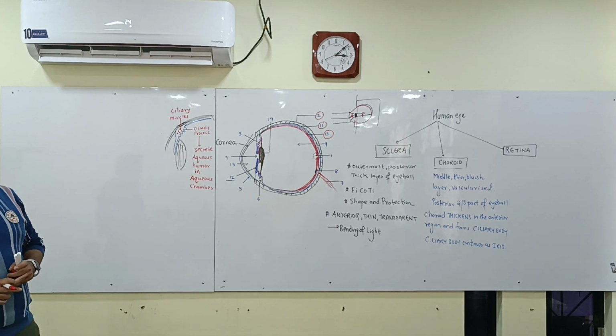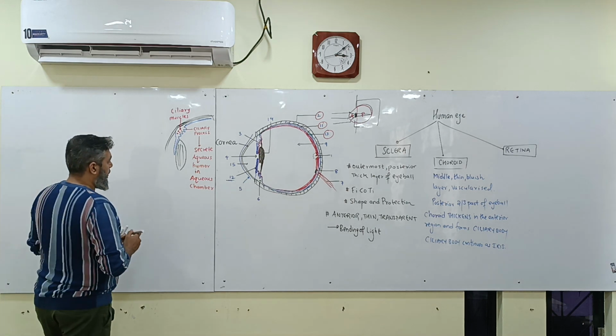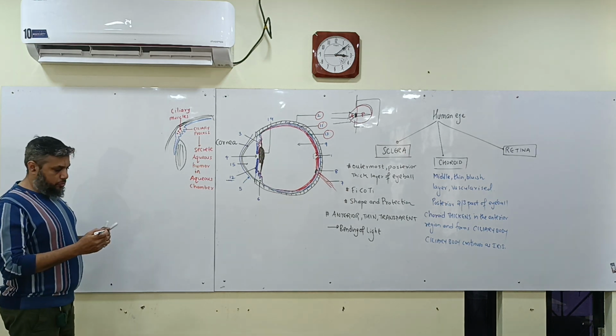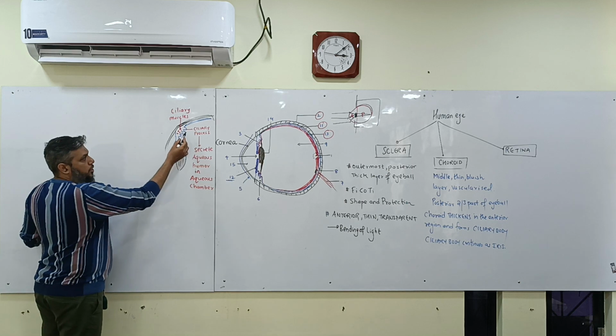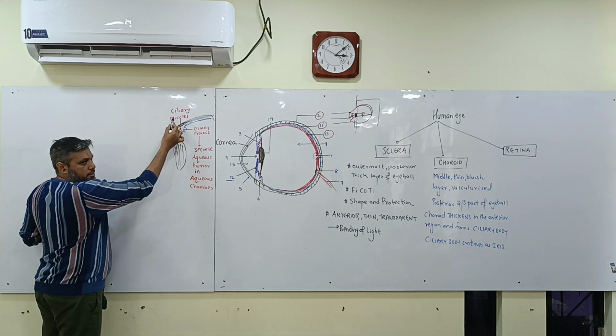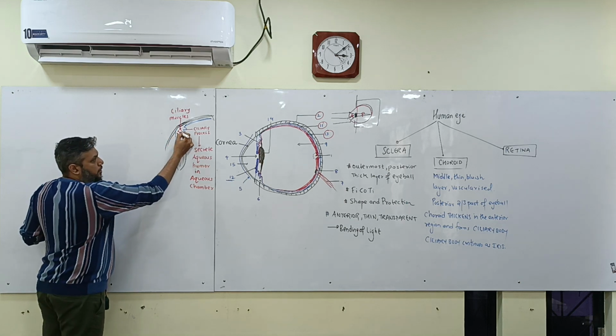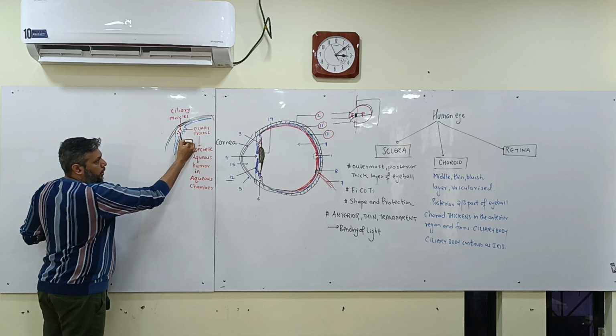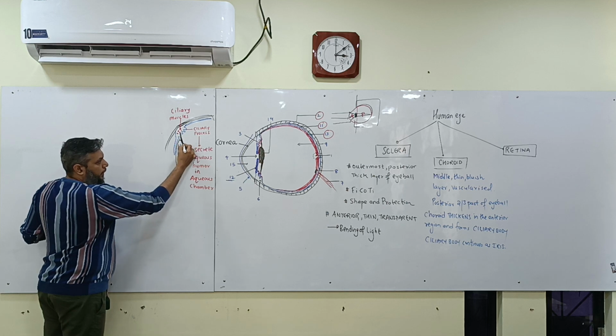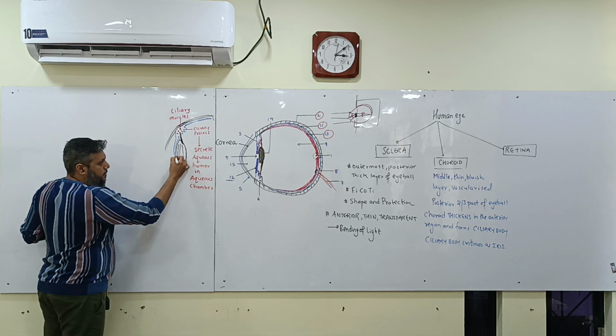Further. Shall I continue? The ciliary body is made up of ciliary muscles. And look at the ciliary muscles. Do you see through another muscles called suspensory ligaments? They are connected to the capsule of the lens.